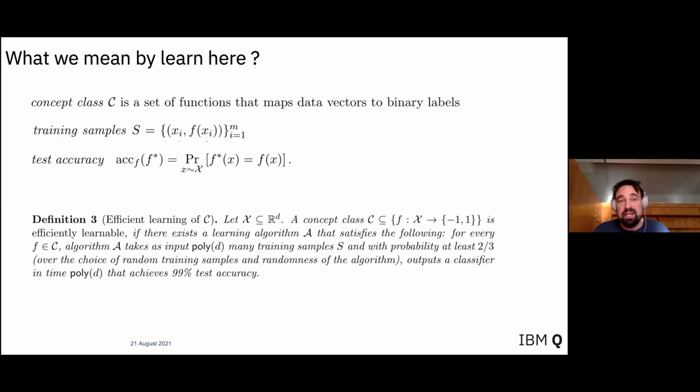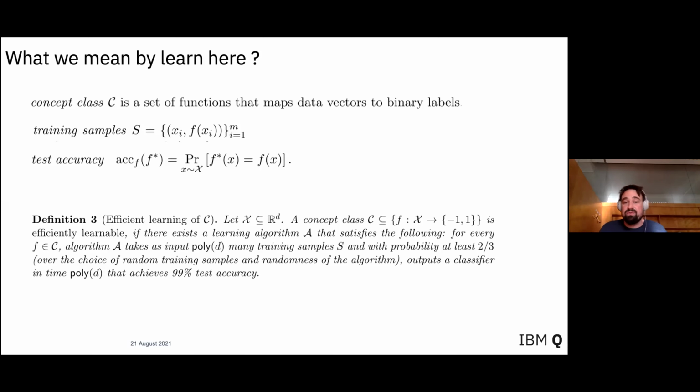So what do we mean by learn here? In the standard PAC learning setting, we define a concept class, we explain what our training samples are, we declare test accuracy, and then we declare that we can efficiently learn that concept class from M training samples, and so on and so forth.